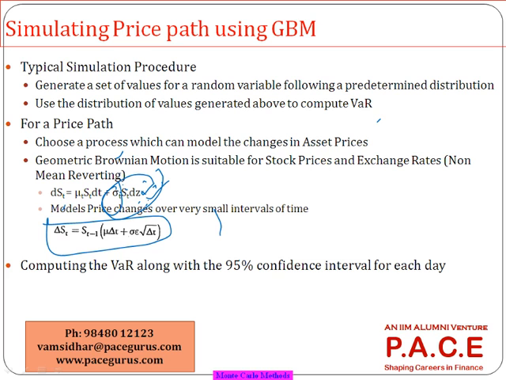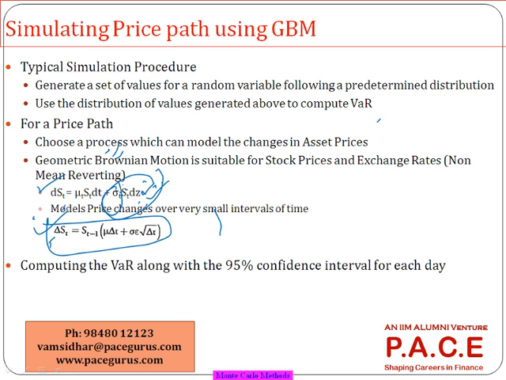Now solving this differential equation, what comes out is, if I want to find out the change for tomorrow, I will take the stock price of today and multiply it with mu times delta t. Mu is the mean. I take the mean and multiply it with delta t. Delta t is per day.